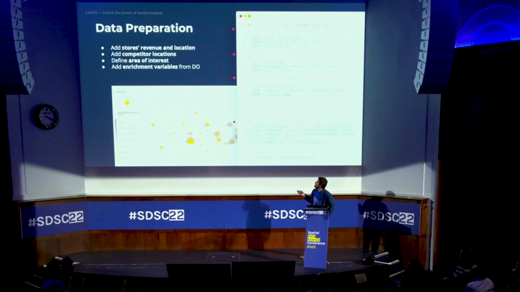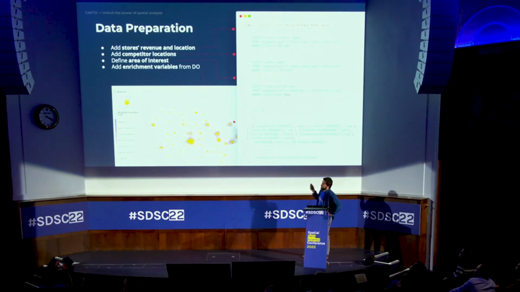The first one is where you prepare the data. The first argument is where my stores are and which revenue each of them has. Then you can pass another SQL statement which evaluates where your competitors are. You select an area of applicability, which in this case is the whole state of Iowa, and some other parameters like which H3 index you are using, which zoom level, and so on.